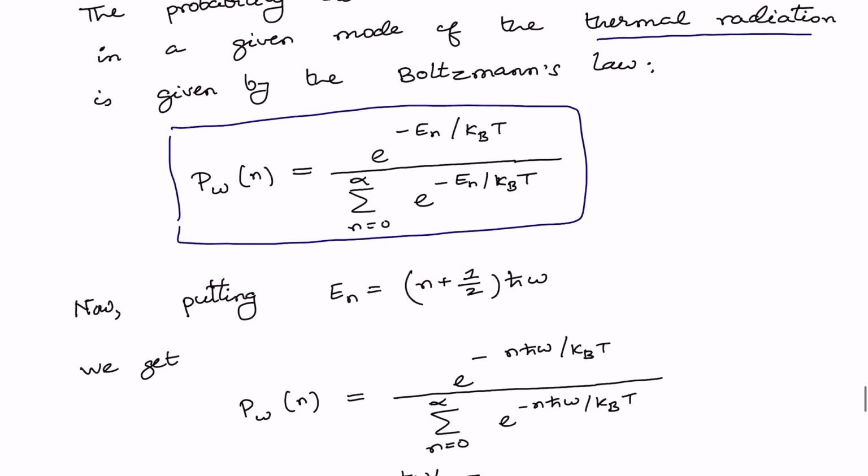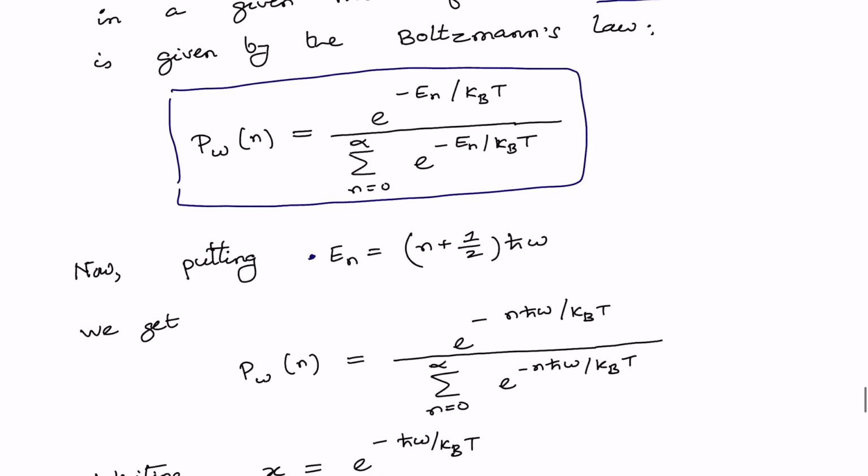Now when we apply it to the quantized thermal light, which behaves like a harmonic oscillator in each mode, we just put E_n equal to (n plus half) h bar omega. H bar, again, let me tell you, is the reduced Planck's constant, and h bar is equal to h divided by 2 pi, where h is Planck's constant.